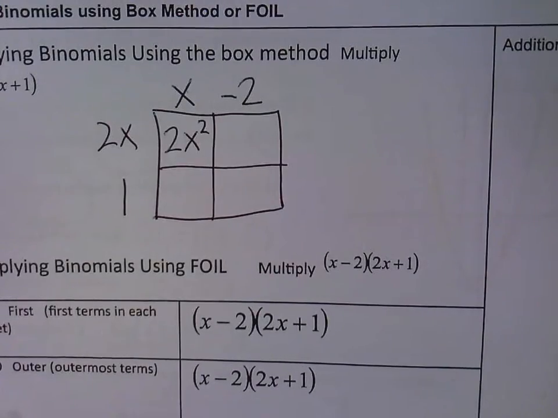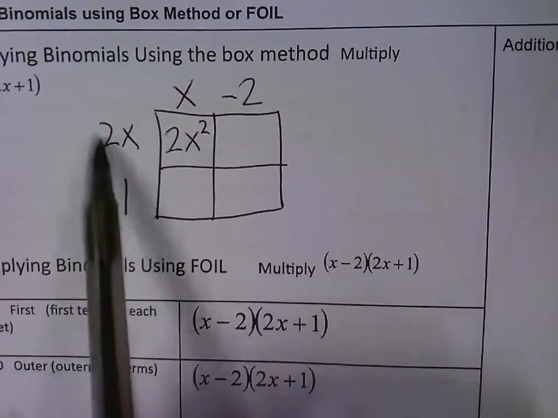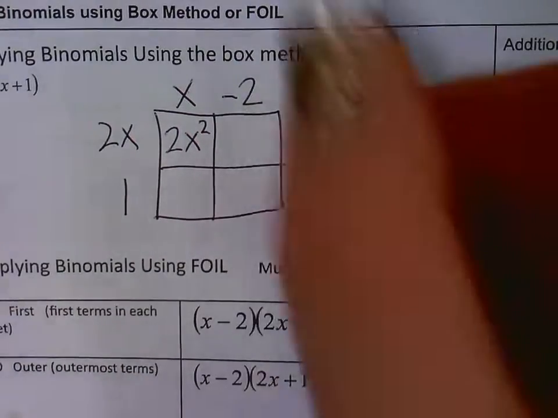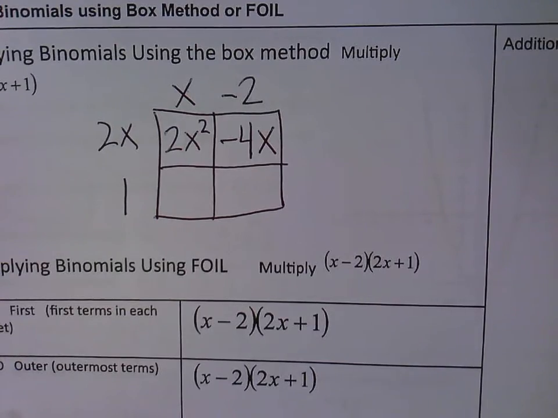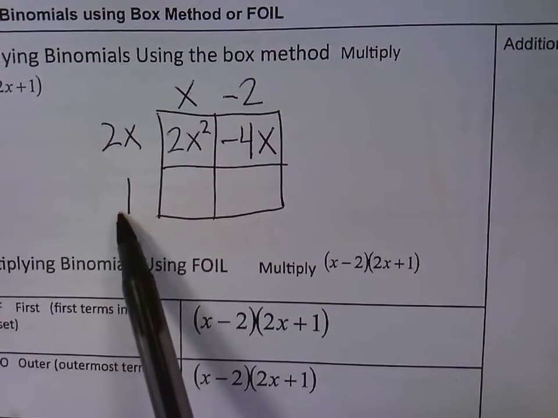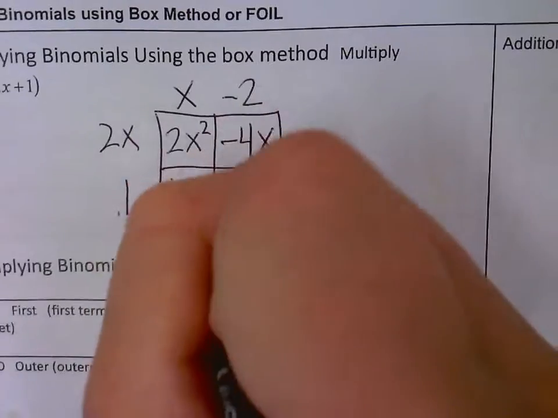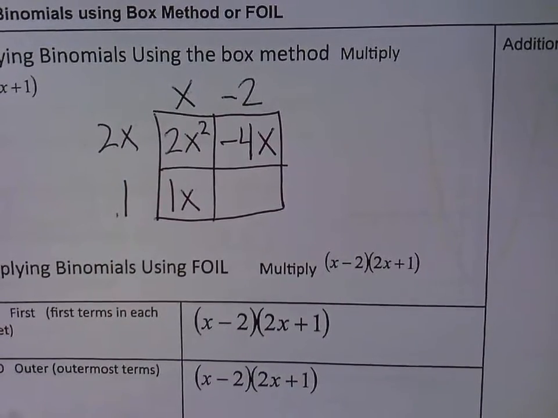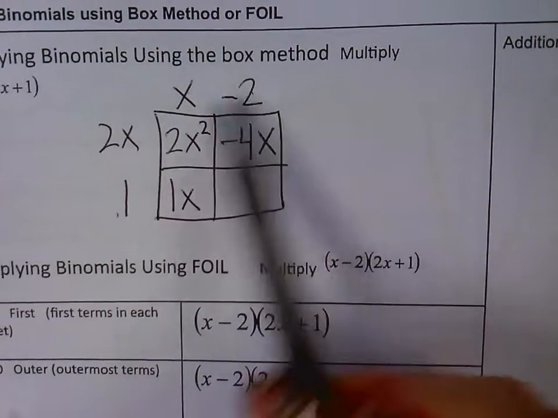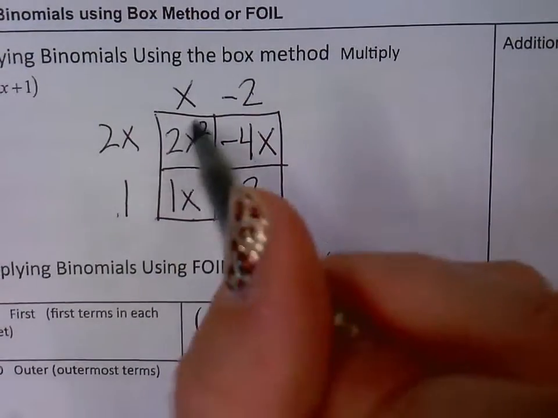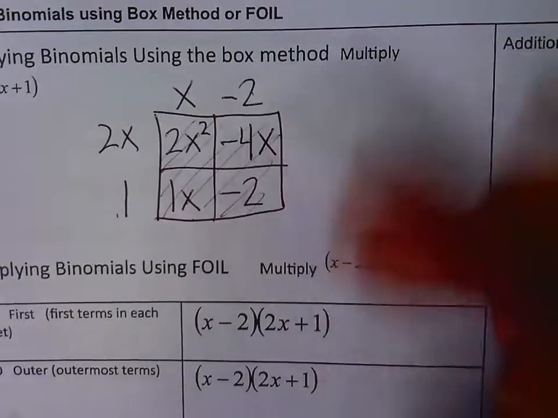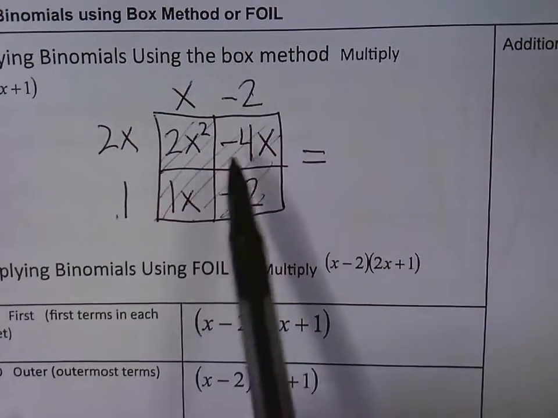And then I take this 2x times this negative 2, and I get negative 4x in the top right box. And then I take this x times 1, and I get 1x in this bottom left box, or just x. And I take negative 2 times 1, and I get negative 2. So I have 4 terms inside this area problem, but I'm going to write my answer by combining like terms.